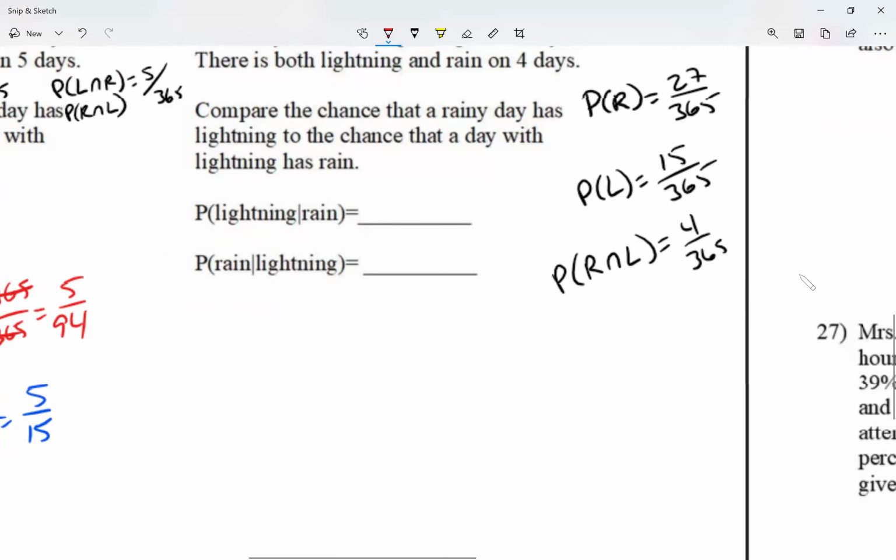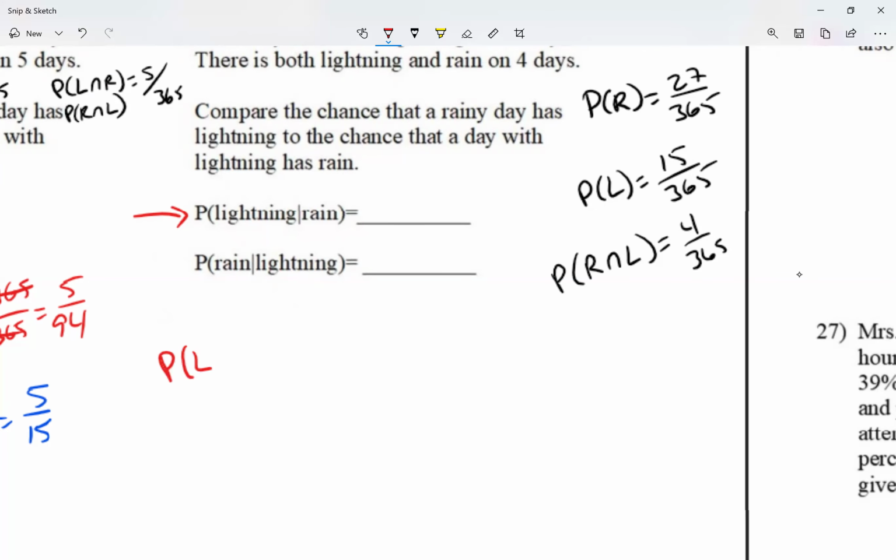Let me do the first one in red. Probability of lightning given that it rains. So basically, what's the chance that a rainy day has lightning? Okay, let me remember my formula.